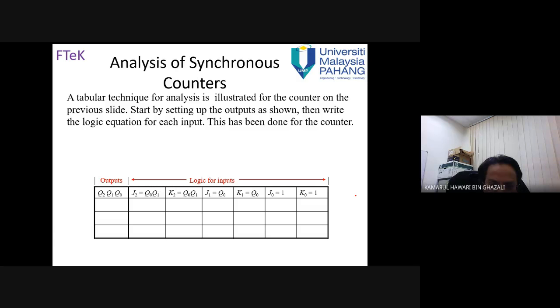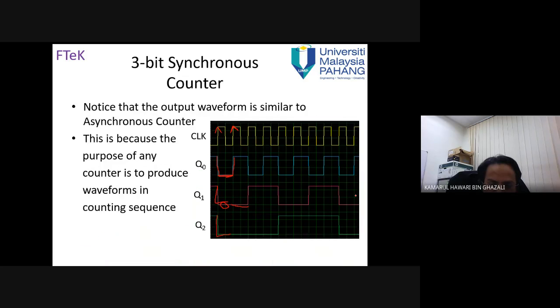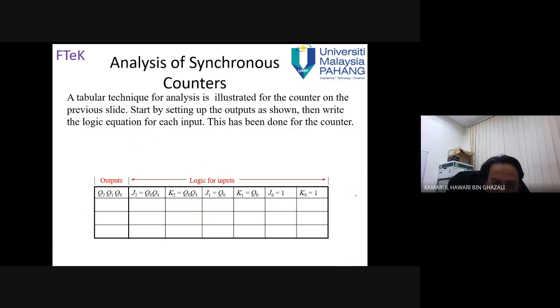K2, Q0, Q1. J1, Q0. J1 is coming from Q0. Okay, and K1 from Q0. J0 and K0 equals to 1.